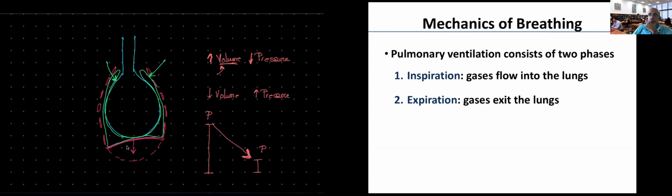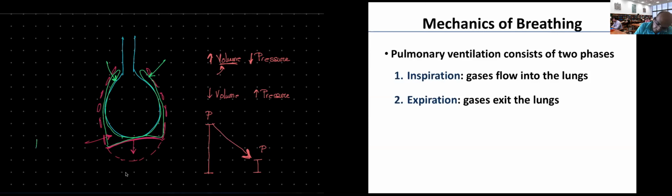The volume increases, right? So what happens to the pressure within the chest cavity? If I increase volume, what happens to the pressure? I will have a drop in the pressure. And what is the pressure inside the thoracic cavity?